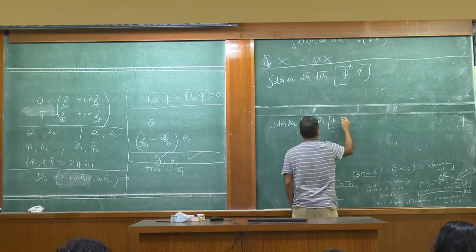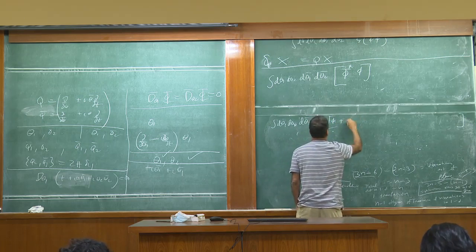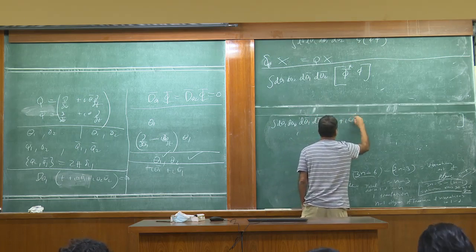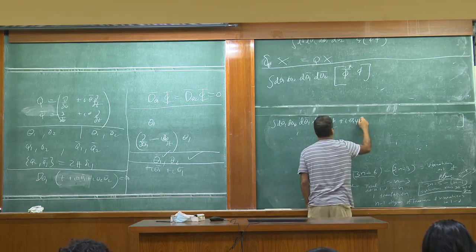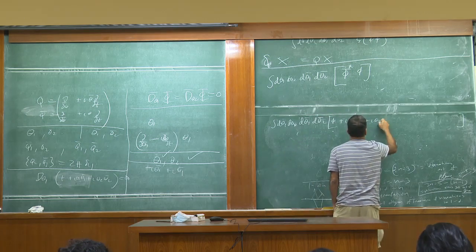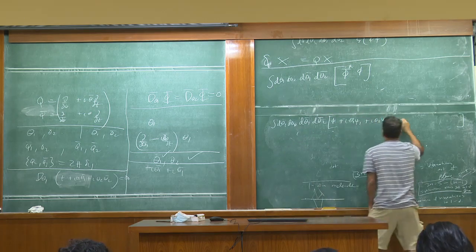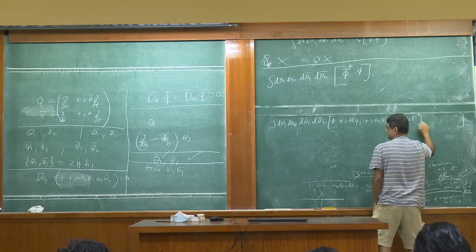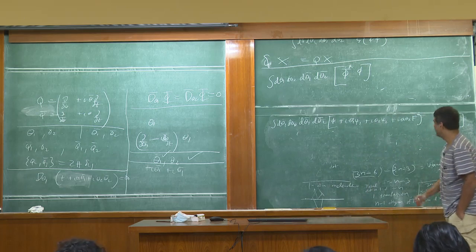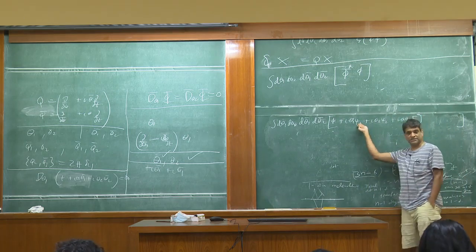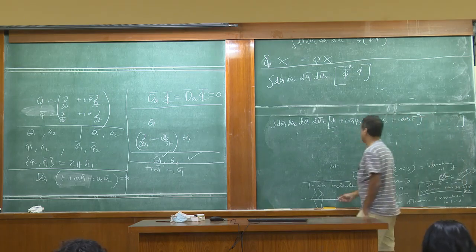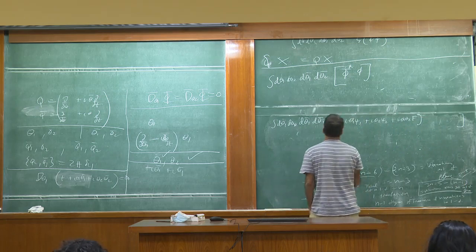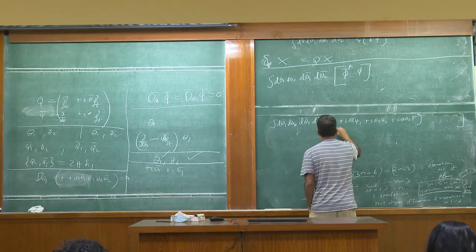So I get phi plus I theta 1 psi 1 plus I theta 2 psi 2 plus I theta 1 theta 2 f, where all of these guys are functions of tau, and then I have phi star.